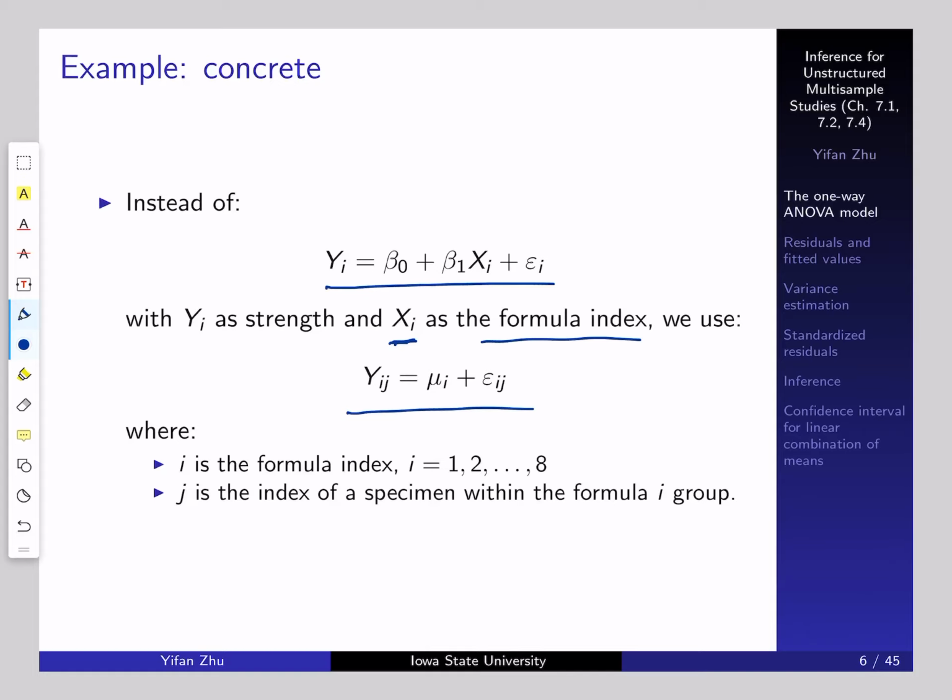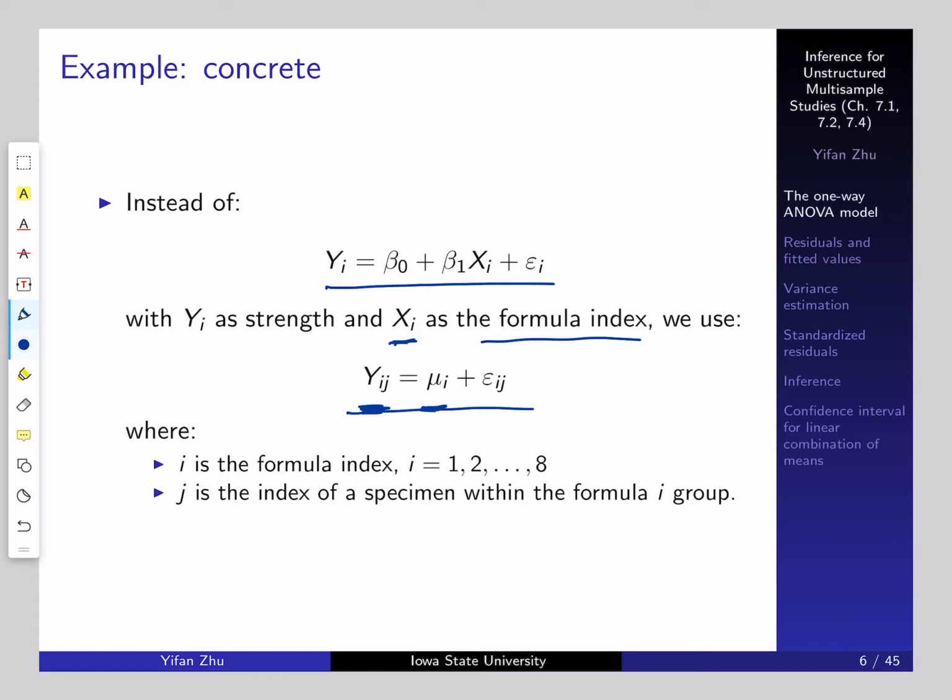We are using this just as an indicator of a group. So if the response y is from the ith formula, then we have Yij equals mu i plus epsilon ij. The mu i is the mean strength of formula i.